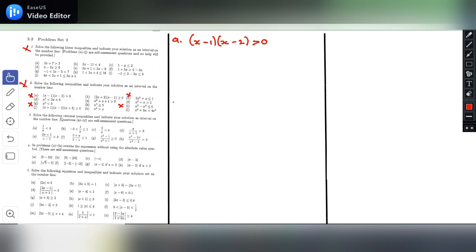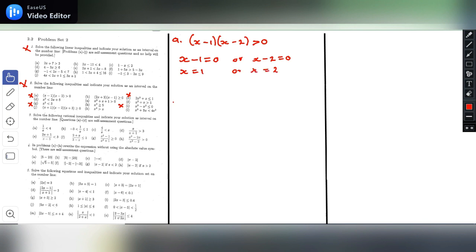If it's not equated to 0, just make sure that you equate it to 0 in this type of questions, right? So this is what we're going to do now. We're going to say x minus 1 is equal to 0, or x minus 2 is equal to 0. Therefore, x is equal to 1 or x is equal to 2.